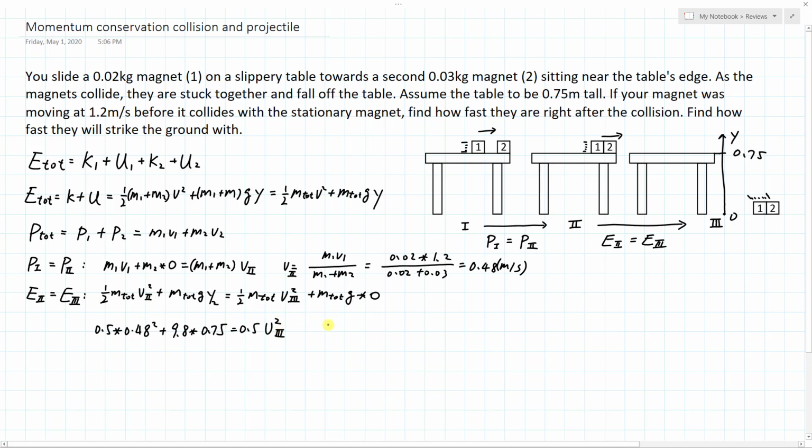So from here we can solve the V3, which is equal to 0.48 squared plus 9.8 times 0.75 divided by this 0.5 and then square root. Okay, and this gives us 3.86 meters per second.